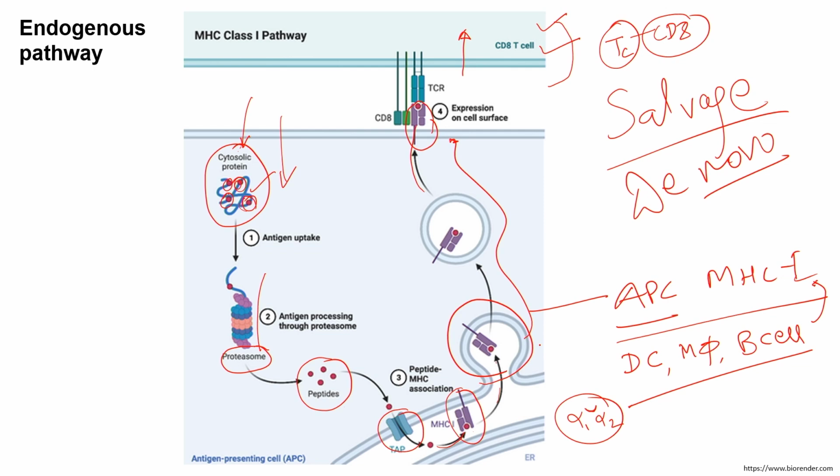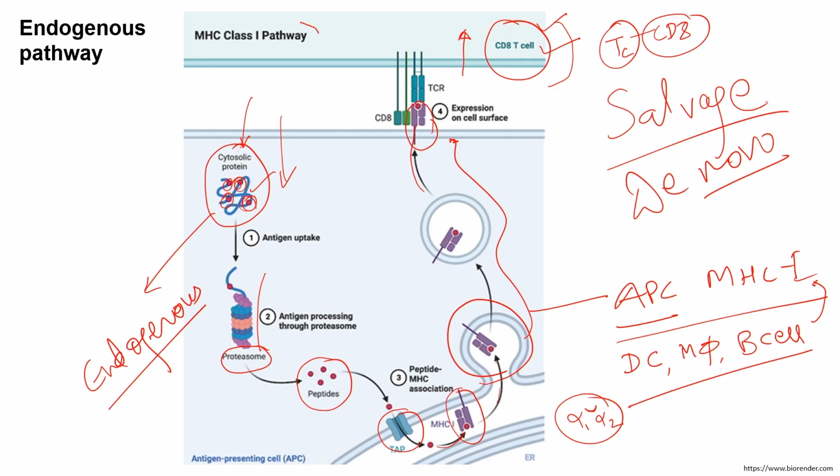So, the two things which we need to understand here, that the proteins are always endogenous. So, these are always coming inside the cytoplasm, and the second thing is CD8 specific T cells are activated through the MHC1 pathway.